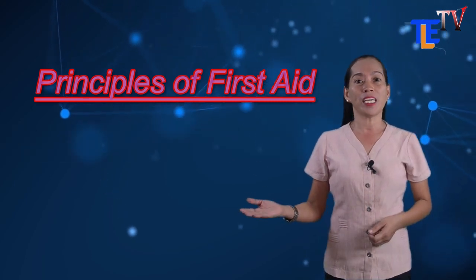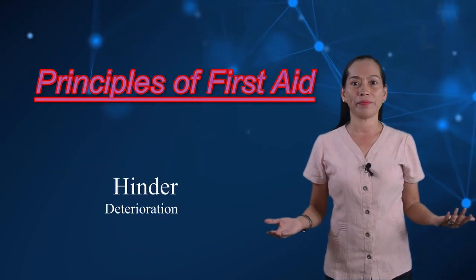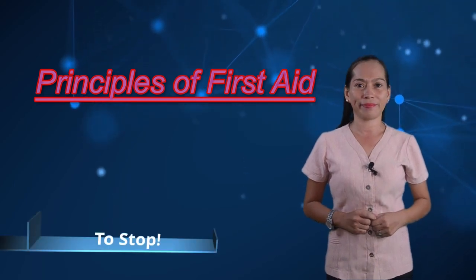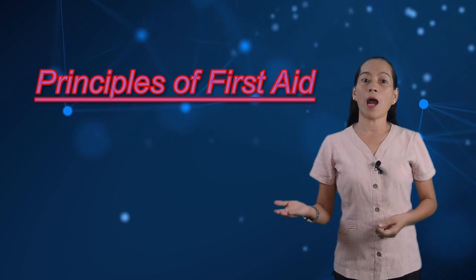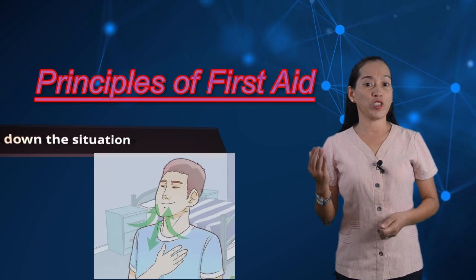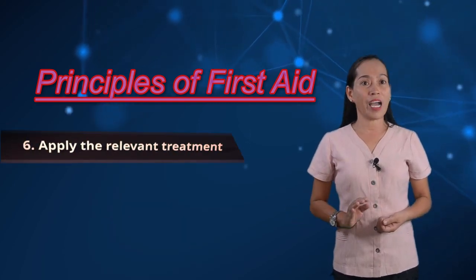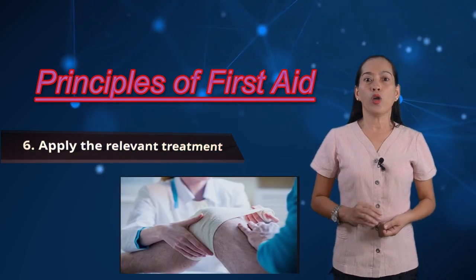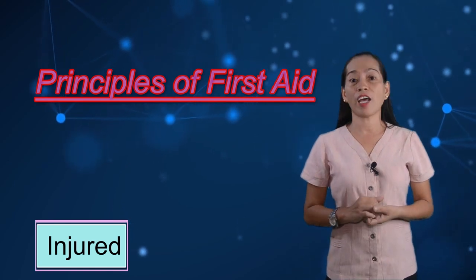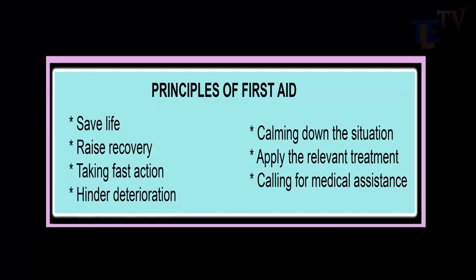The fourth principle is hinder deterioration. What does the word hinder mean? Correct! Hinder means to stop. The fifth principle is calming down the situation, meaning we should not panic and just calm down. The sixth principle is to apply the relevant treatment. We should apply the right treatment to the injured. The seventh and last principle is calling for medical assistance.